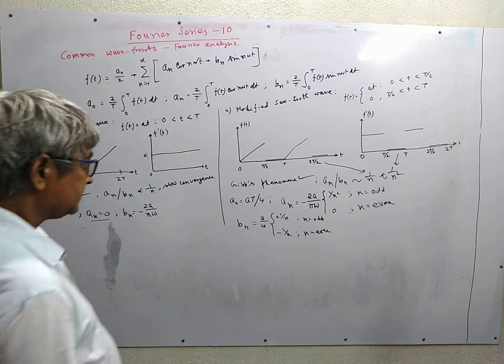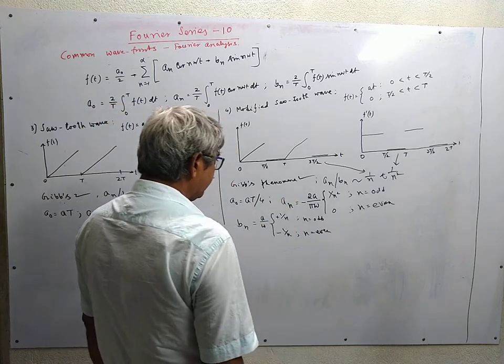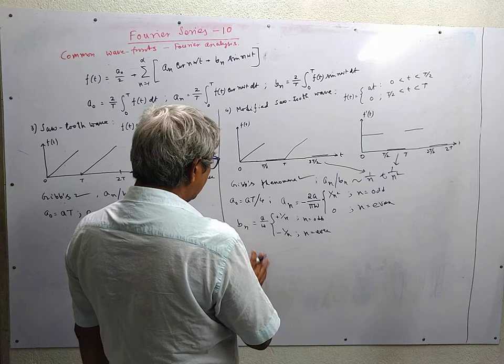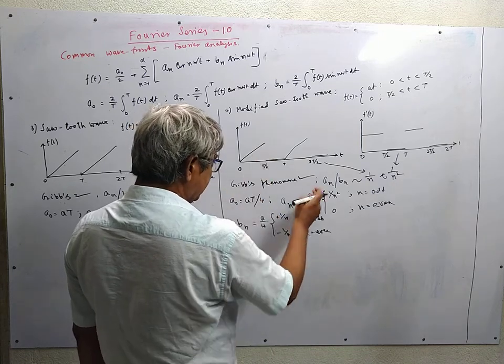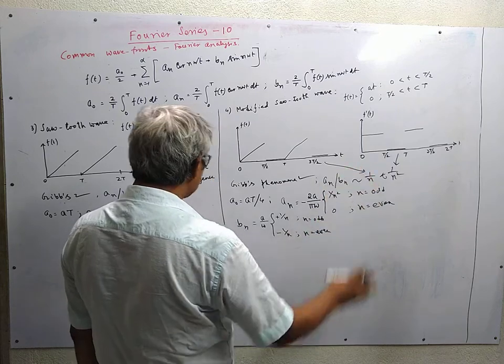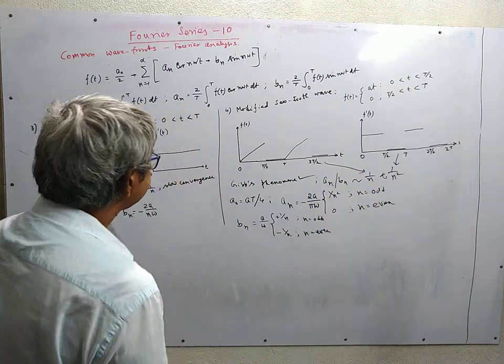So whatever we argued physically is correct. Bn has this 1 by n dependence, and an has 1 by n square dependence.